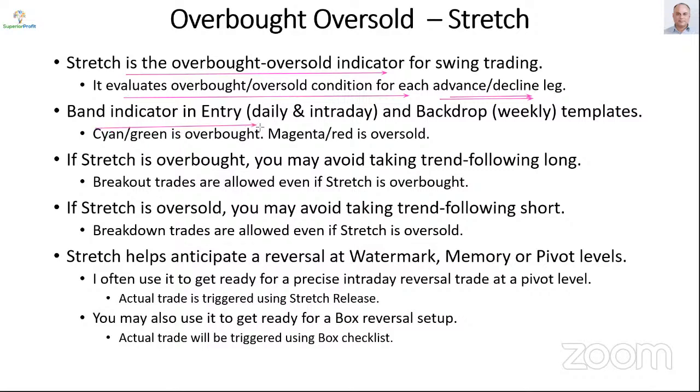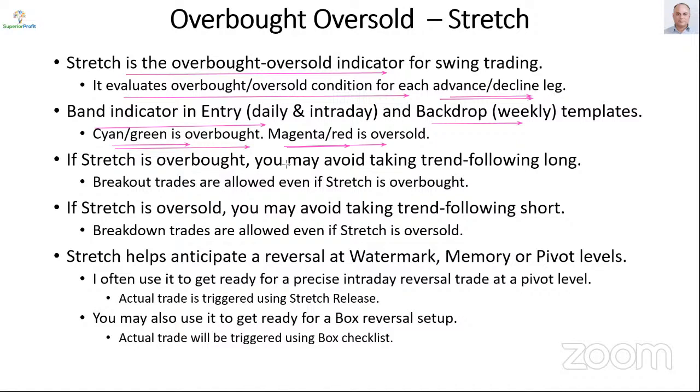They are shown as band indicators in the entry chart, which is a daily or intraday chart, and the backdrop weekly chart template. Cyan green is overbought, magenta red is oversold. You don't have to look too much whether it is cyan or green, magenta or red. So long as you see it is a green cyan color, then you know it is overbought.